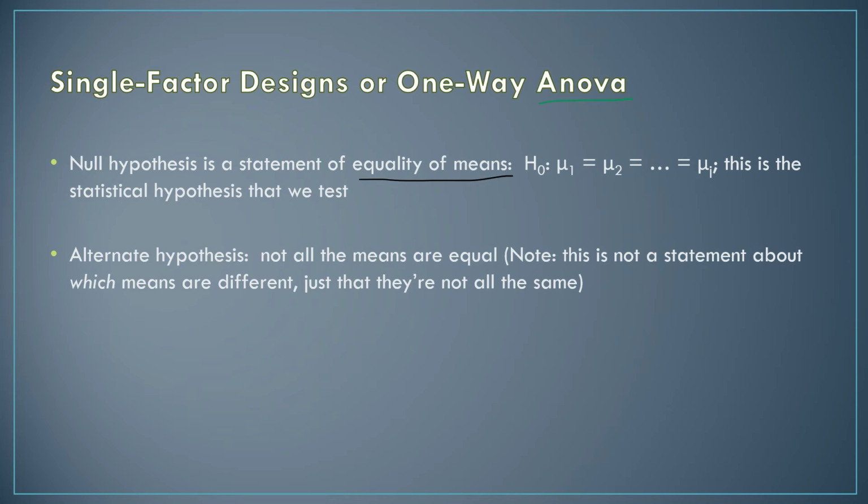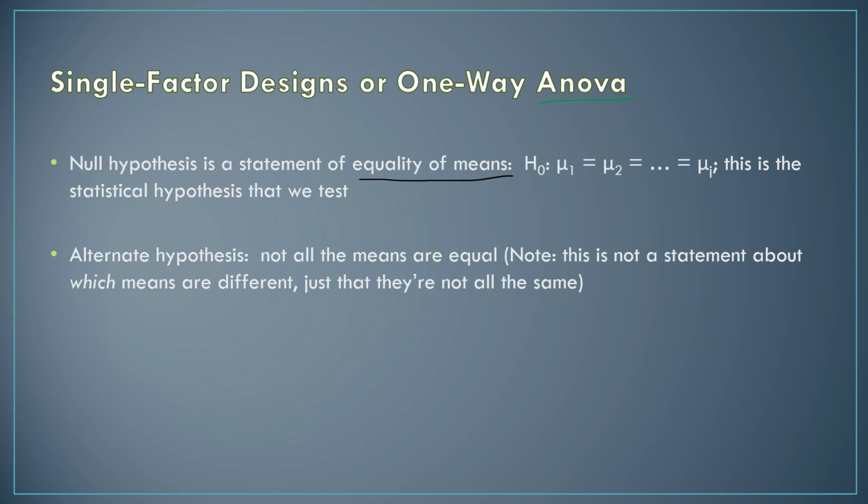And so then our alternate hypothesis is that not all the means are equal. But what you need to pay attention to is that this does not mean that all of the means are different. And it doesn't mean that all of them are the same. It really just means that there is a significant difference between at least two of the means that are included in your ANOVA.